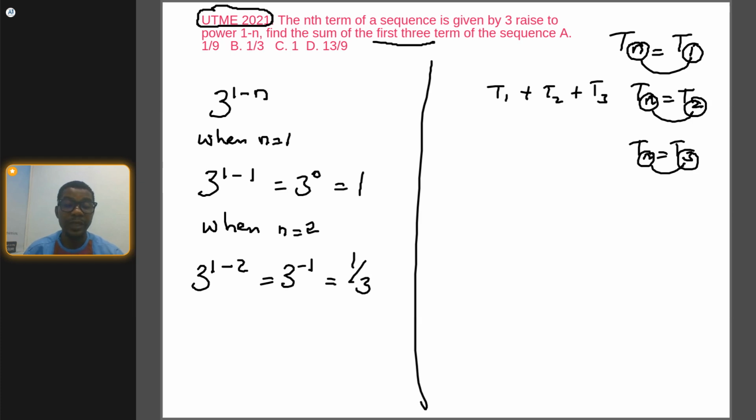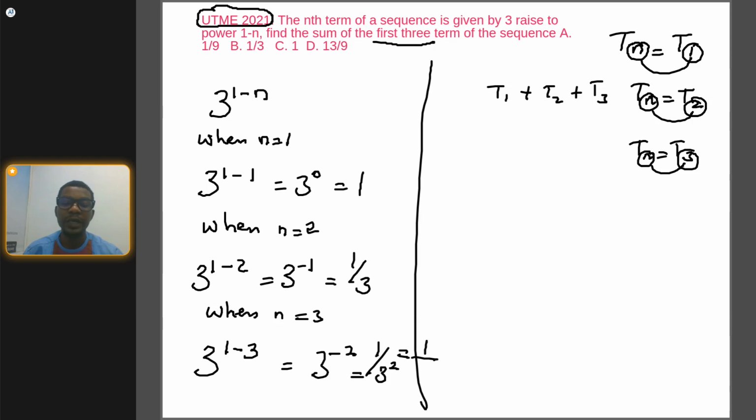When n equals 3, we're going to have 3 raised to the power of 1 minus 3. That is 3 raised to the power minus 2, which is 1 over 3 squared, which is equivalent to 1 over 9.